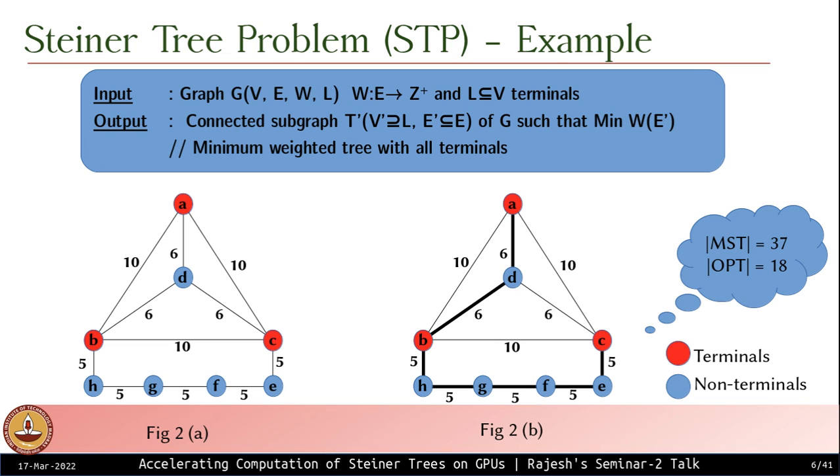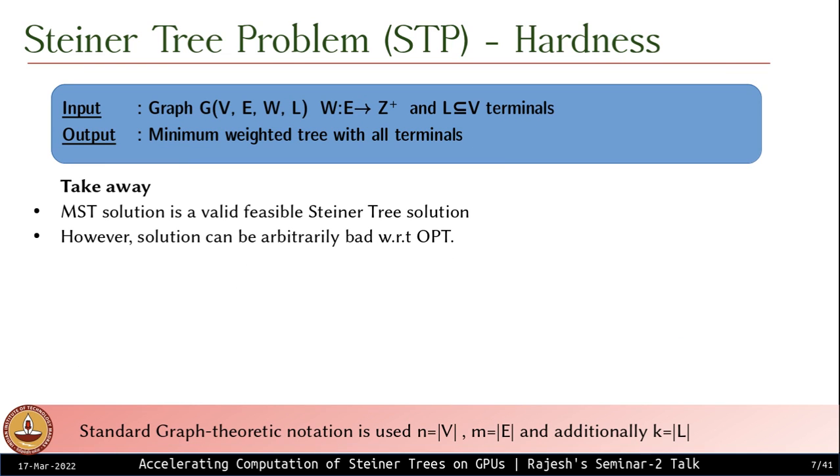The takeaway here is that the MST solution is a valid feasible solution for the Steiner tree problem. However, the solution can be arbitrarily bad because, for example, in the previous case we added lesser weight edges to make the MST algorithm perform badly.